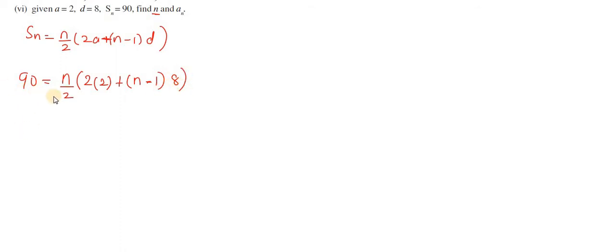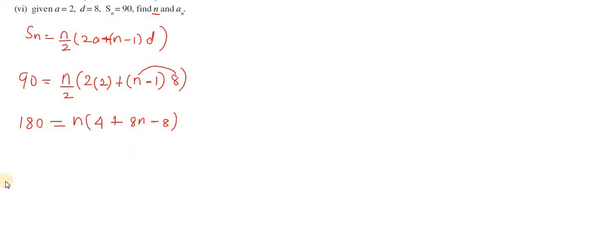Now simplify this. 90 into 2, that is 180, which is equal to n into 2 times 2, that is 4, plus n minus 1 into 8. So n into 8, you can write 8n minus 8.